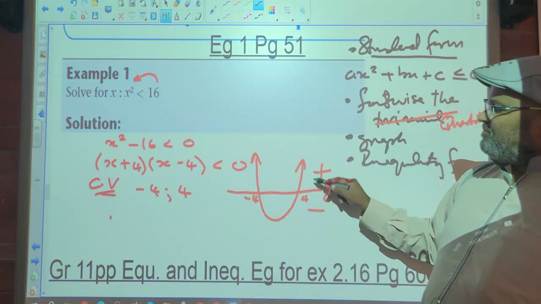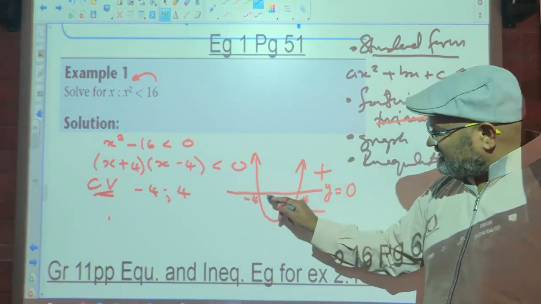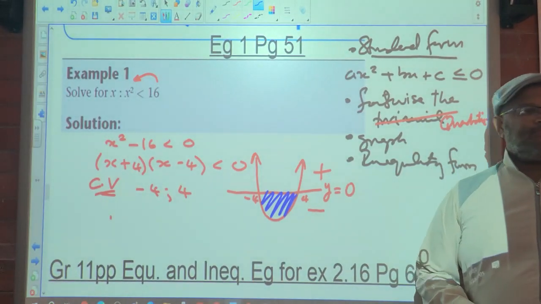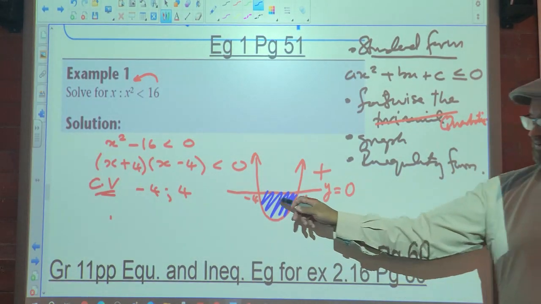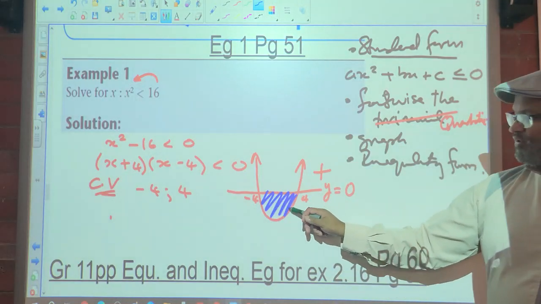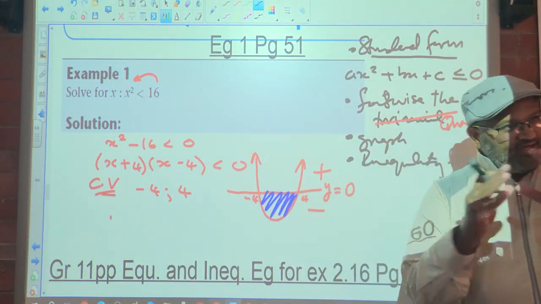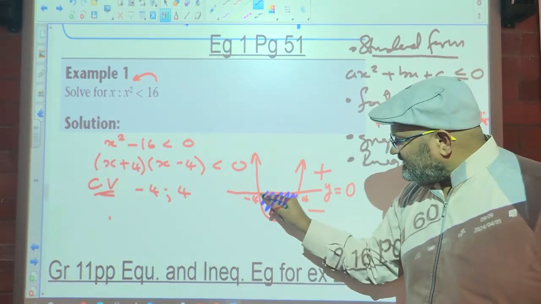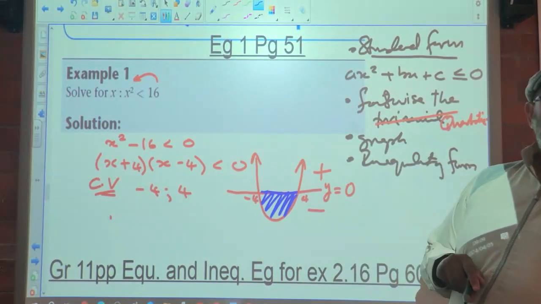Right. So, where's the function less than 0? Is less than 0 above or below the line? Below. So it's this part that we need to consider. You see, this part is below 0 here. So is this a continuous or a broken solution? Is it together or is it apart? It's together. It's from -4 to 4.